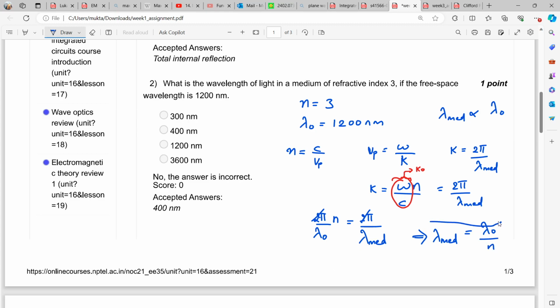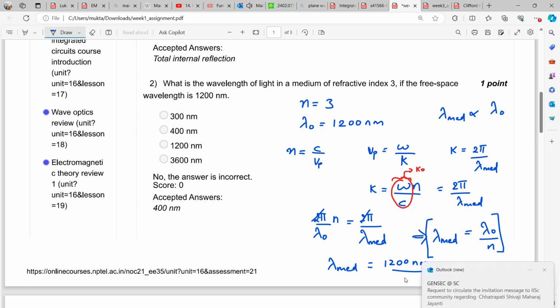So by this relation, lambda medium is 1200 nanometers, sorry, upon 3, so that is 400.